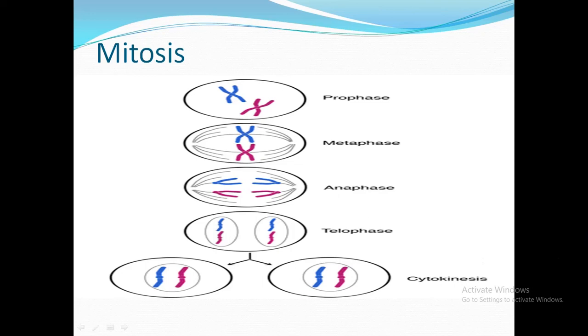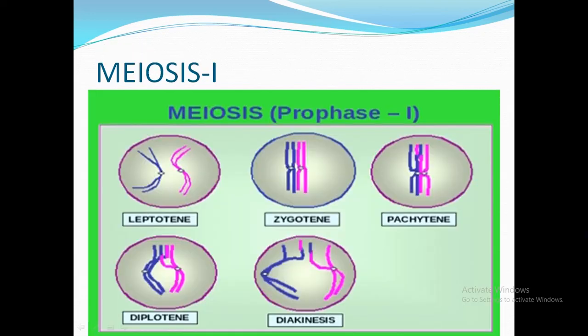Now, this is mitosis in brief. Now, coming to meiosis. Compared to mitosis, meiosis is a reductional division. In mitosis, the number of chromosomes in daughter cells is the same as that of the parent cell.